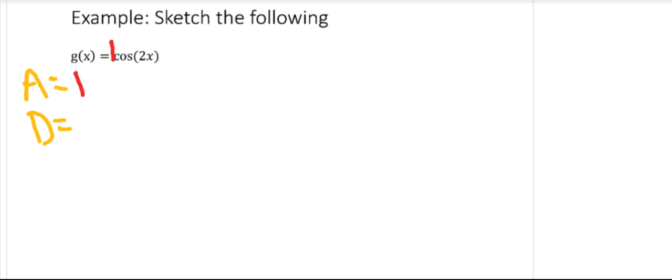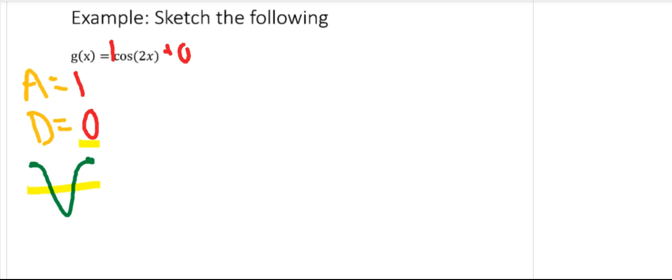And then you'll notice there is no number there, so I'm going to go ahead and put 0 here. We're talking about cosine, so since it's positive, it's going to end up looking like this. And then you know the midline is going to be there. It's 0, so that means it's the x-axis. We don't go up or down at all.